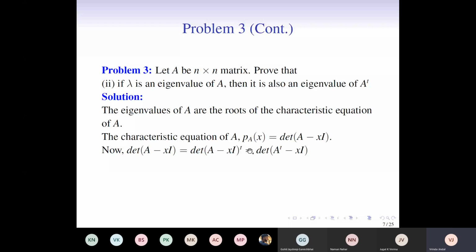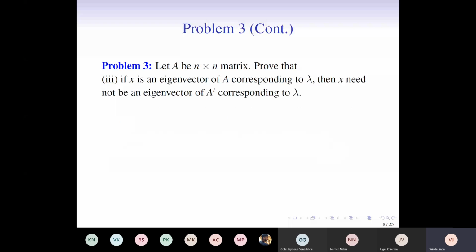So we get determinant of A transpose minus xI, which is the characteristic equation of A transpose. So P subscript A of x is the same as P subscript A transpose of x. Both A and A transpose have the same characteristic equation and hence the same eigenvalues.